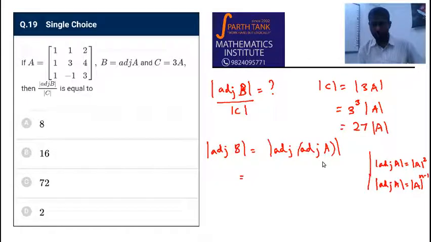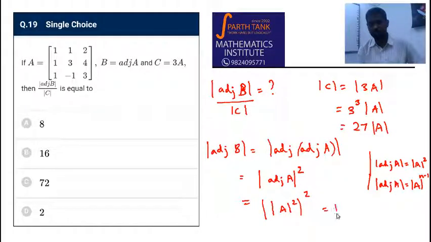So the determinant of adjoint of B is the determinant of adjoint of A the whole squared. Now again, this is determinant A the whole squared, which is determinant A to the power 4. So the determinant of adjoint of B is determinant A to the power 4, and determinant of C is 27 times determinant A.